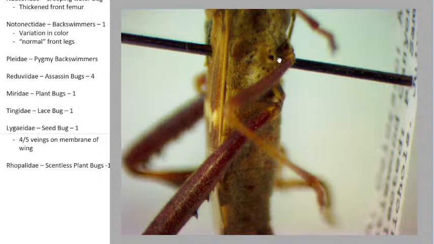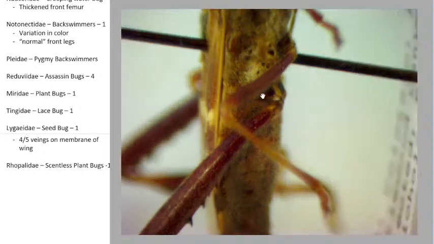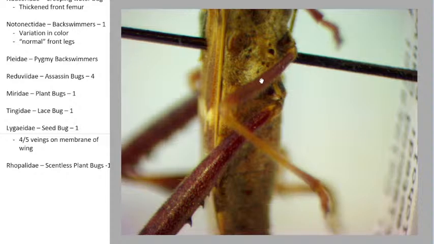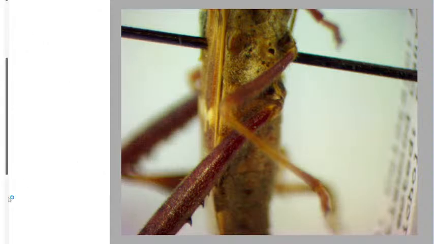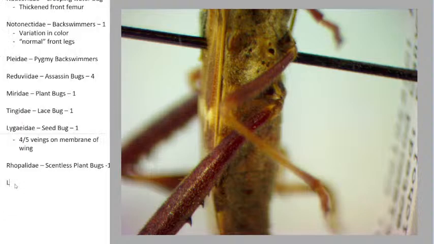They've got this defensive gland in between the second and third pair of legs on the side of their body that they use to stink. Leaf-footed bugs have those scent organs. Oh, his family is Coreid.